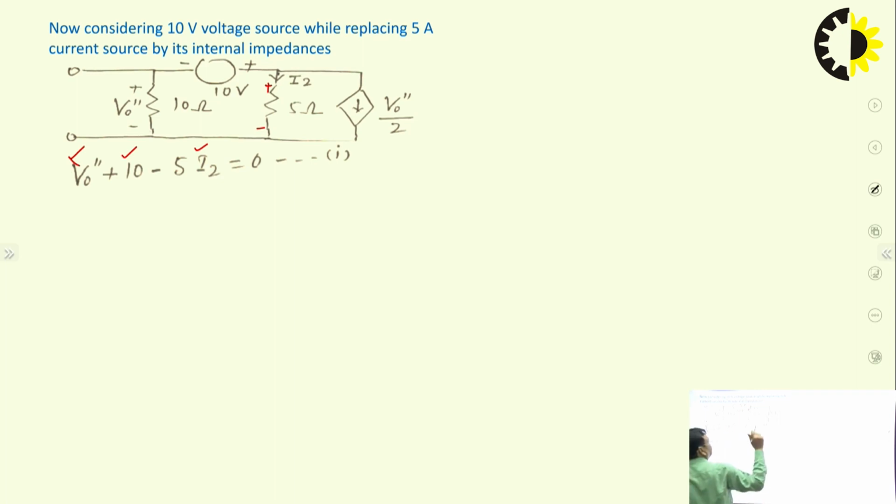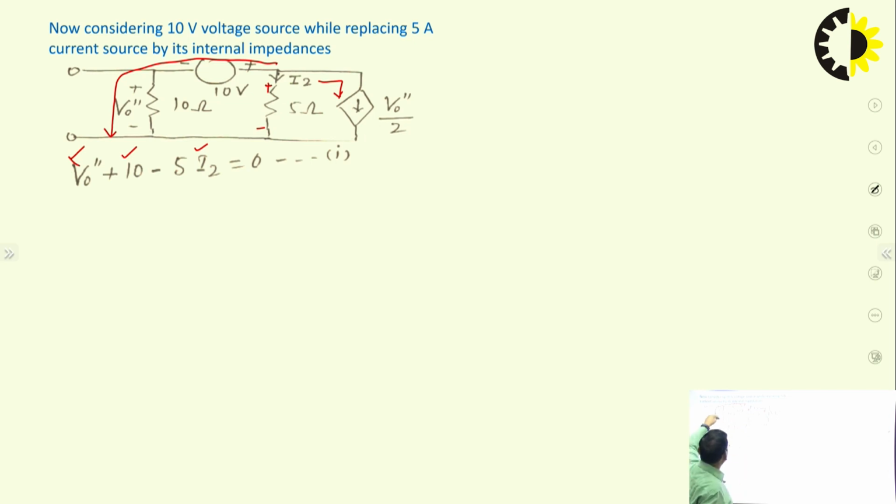So look here. The current through this is V0'' upon 2, and the current through this is I2. So some current will flow through this branch. What is that current flowing through the 10 volt source and V0''? The 10 volt source and the 10 ohm resistor are in series, and in series the current is the same.